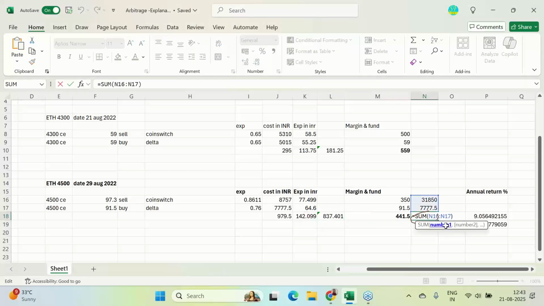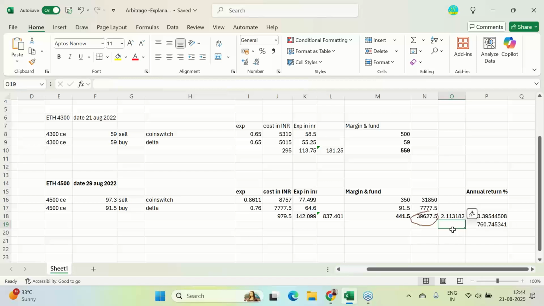So here in Indian rupee terms, this I will calculate: 838 rupees of gain with a capital of 39,627. If I divide it by 7, into 100, let us see how much it is coming.